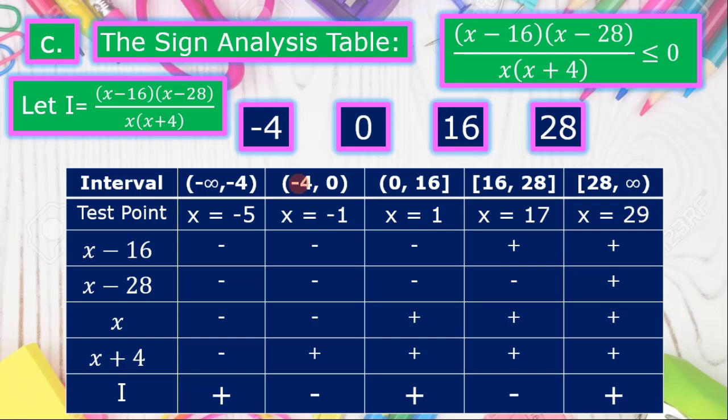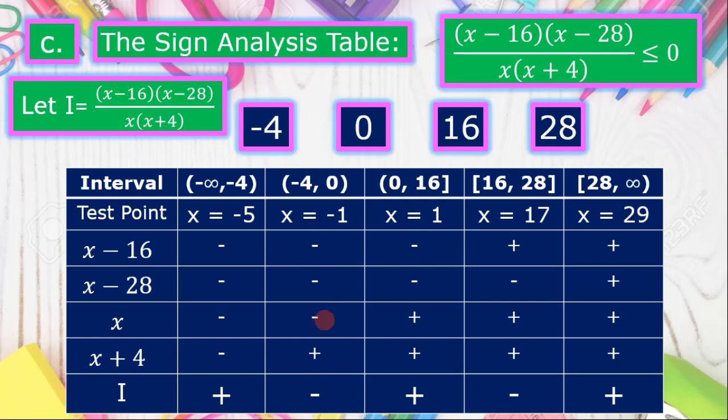Now, let's consider between this interval -4 to 0, an open interval. So our test point is -1. So -1 minus 16, still negative. -1 minus 28, that's negative. -1 is negative. Then -1 plus 4, that becomes positive, because -1 plus 4 is positive 3. Okay.